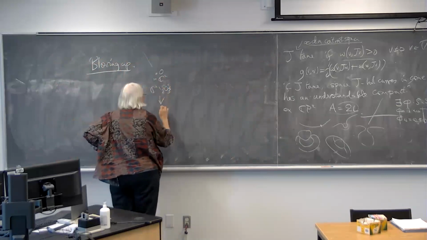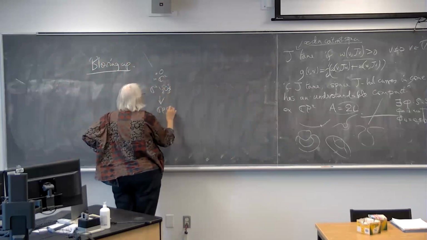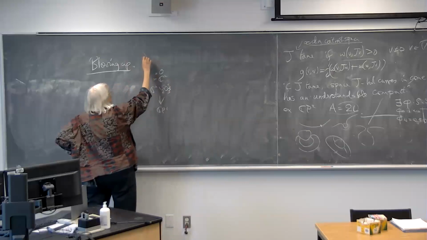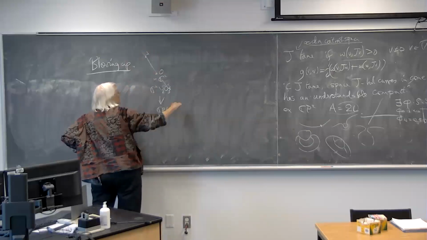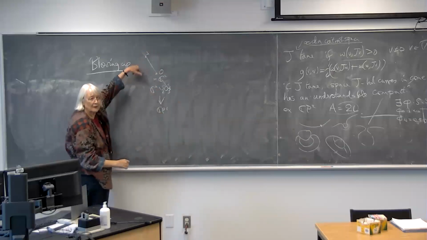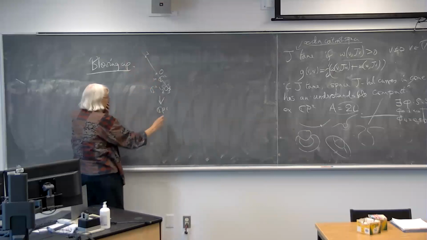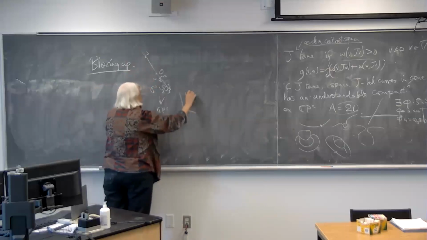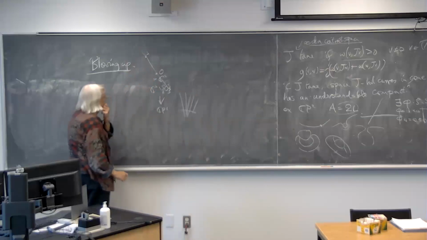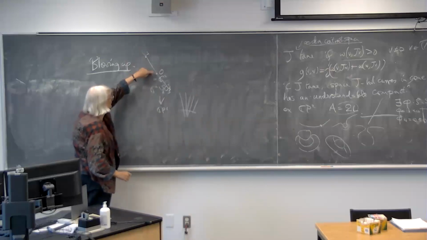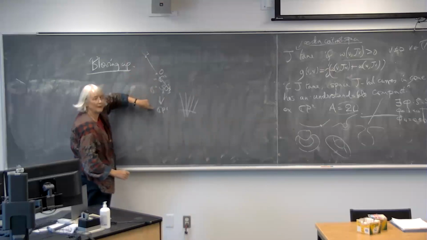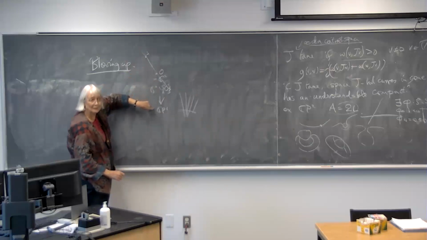It actually fibers over CP1, because for each point lambda, not the origin, you have a line through the origin. So you have the space of lines through the origin. And you get this exceptional divisor, and you get this line bundle over here. Blowing up, you take away a point and you replace it by this exceptional divisor. And that's all you need to do.